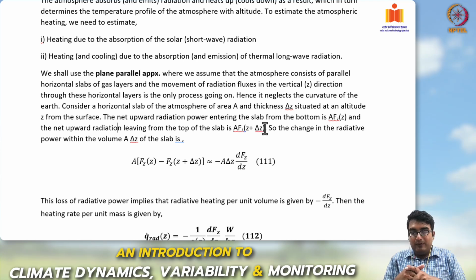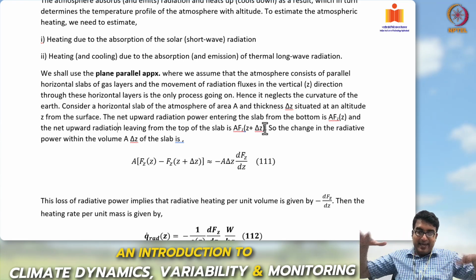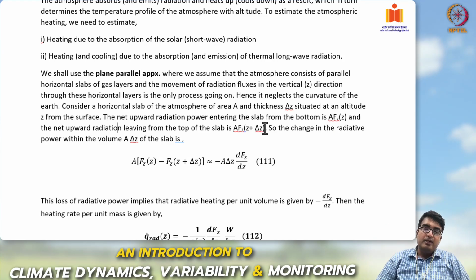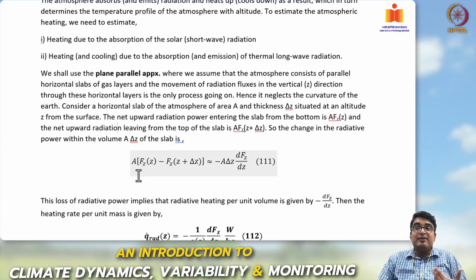The volume of this slab is the cross sectional area A into the thickness delta Z. The net change in the energy within this volume is A into Fz, energy coming in, minus A into Fz at Z plus delta Z.